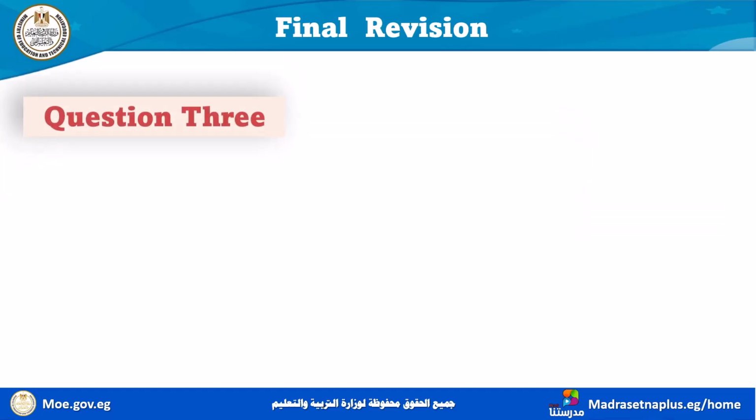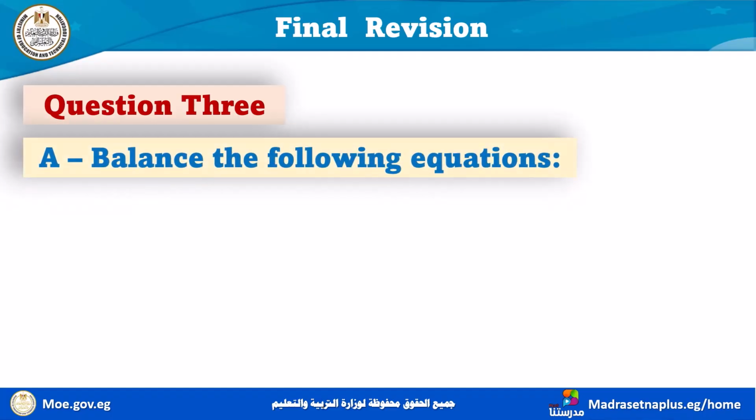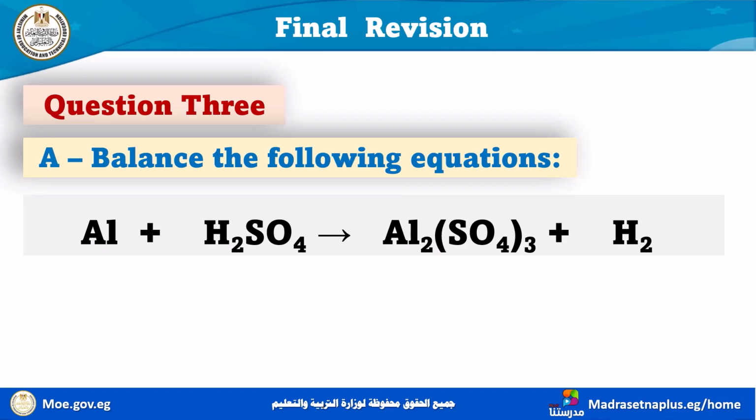Question 3. Balance the following equation. Al plus H2SO4 gives Al2(SO4)3, which is aluminum sulfate, and hydrogen gas evolves.